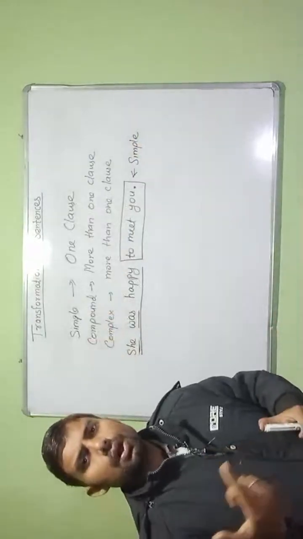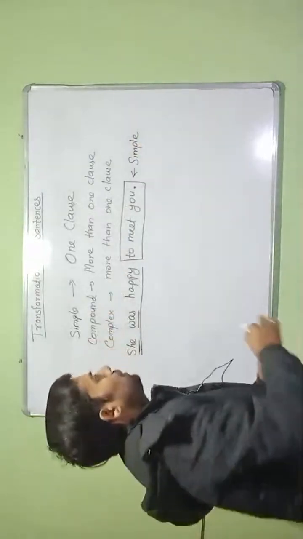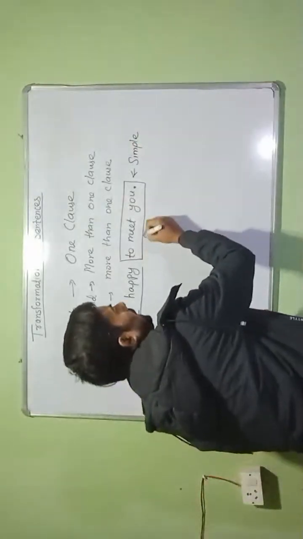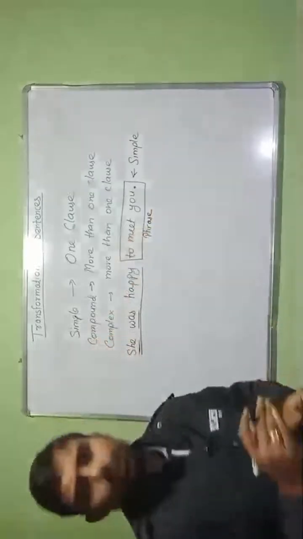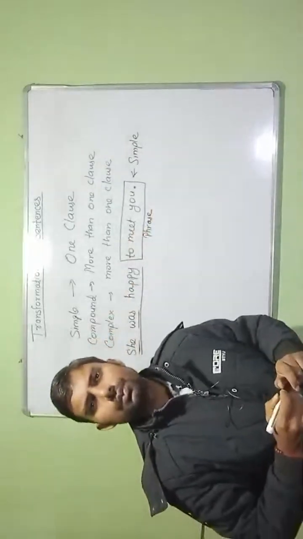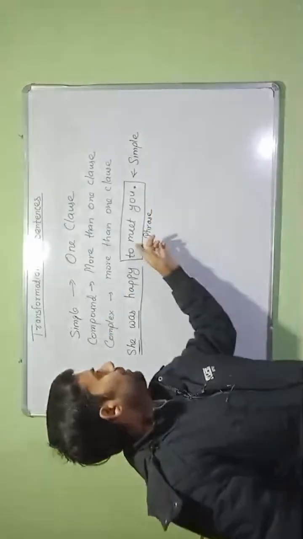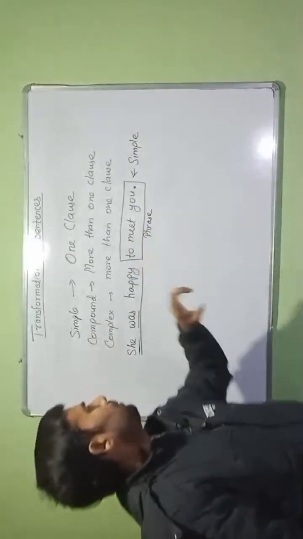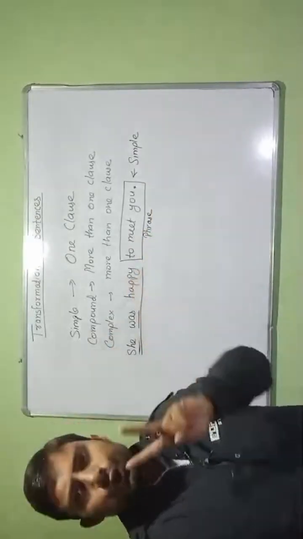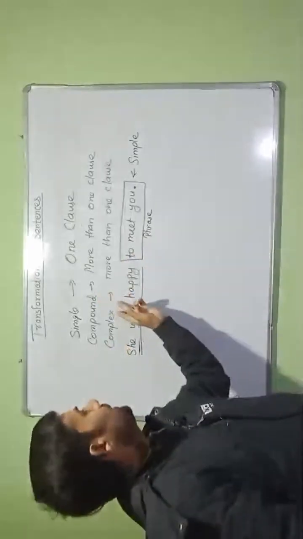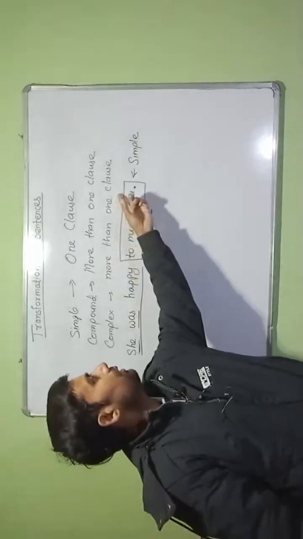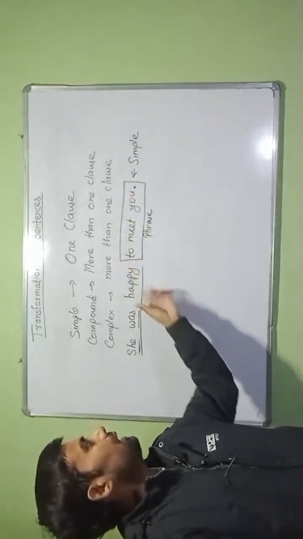a complex sentence, how can you change it? This phrase, which is right now a phrase, you need to change into a clause. If you change this phrase into a clause, it will become two different clauses. Any complex sentence must have more than one clause, but right now it is simple, so it has only one clause.